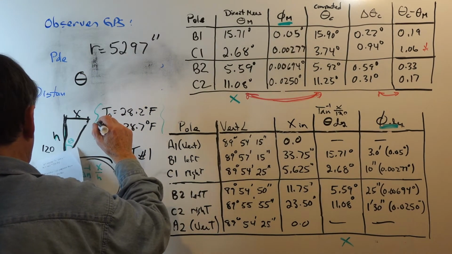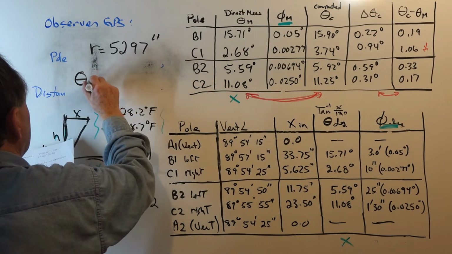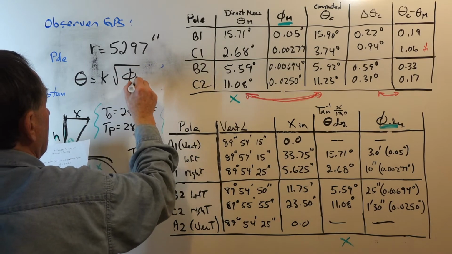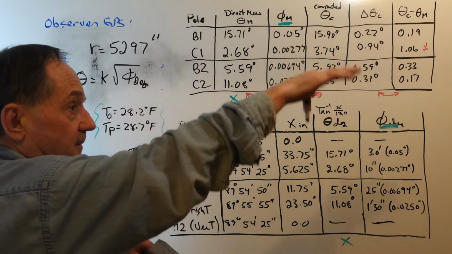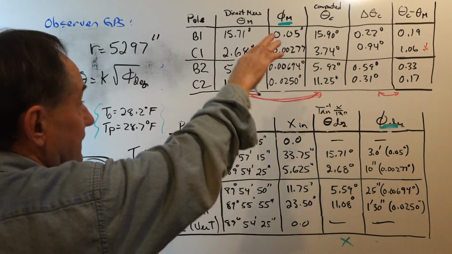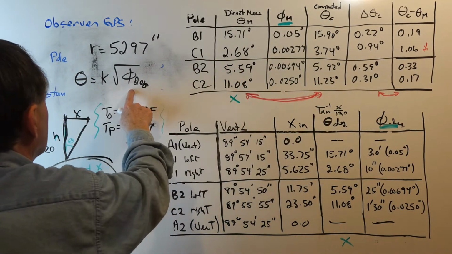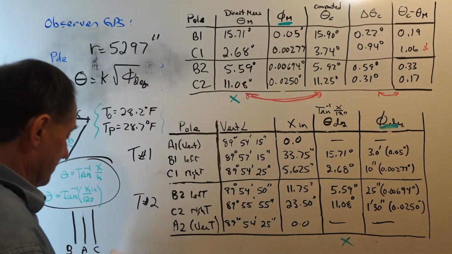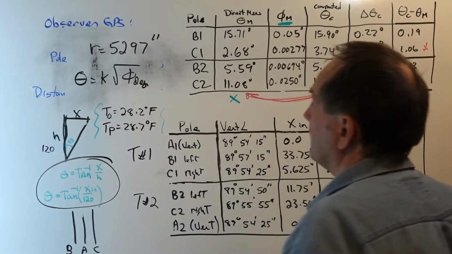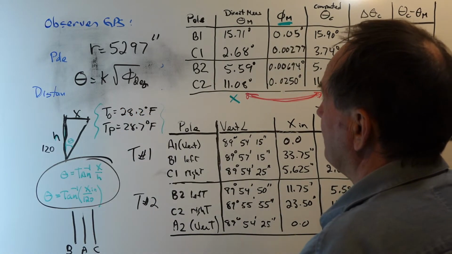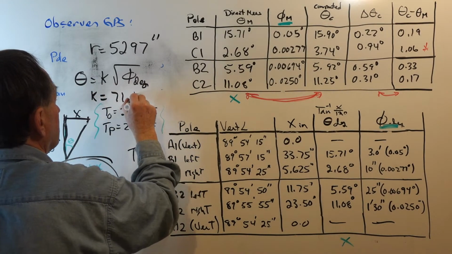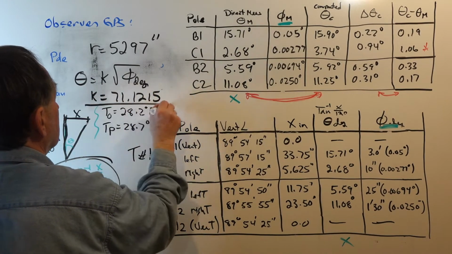The tilt angle, remember, is K times the square root of this angular measure of the perceived height difference of the poles. And K is the value that I gave you before, which is 71.1215. That's our K value that's used in here.